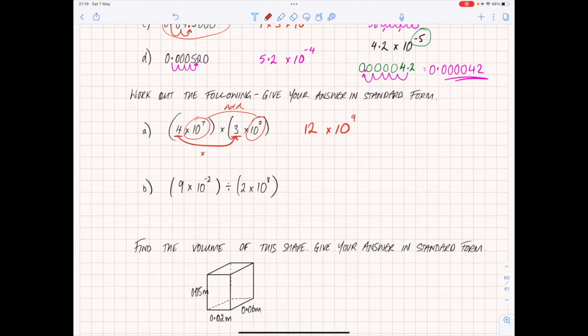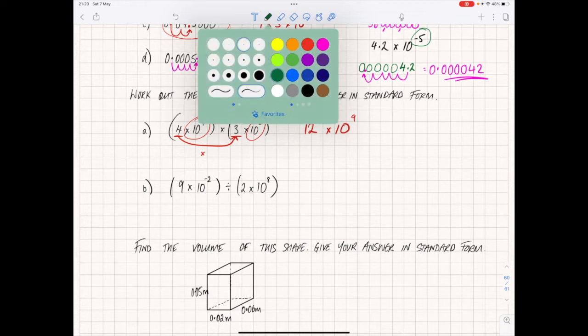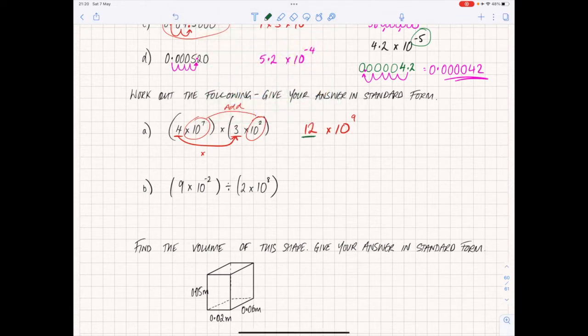However, those of you that would have spotted this quite quickly, this first number here is not less than 10. At the moment, the number's 12, and my decimal would be there. So here's a quick way of thinking about it, a bit of a shortcut. I've got to move my decimal down 1 here. So I move it down 1, so it becomes 1.2. And if I go down 1 there, at this point here on the indice, I go up 1.